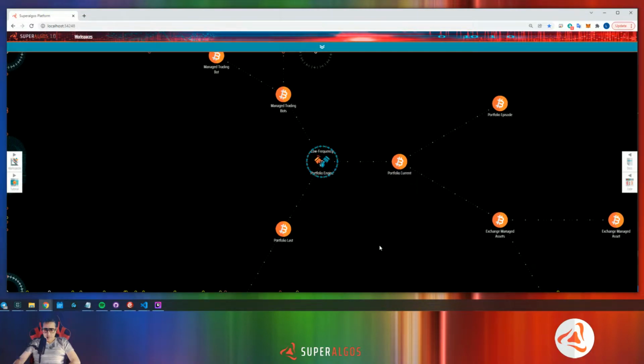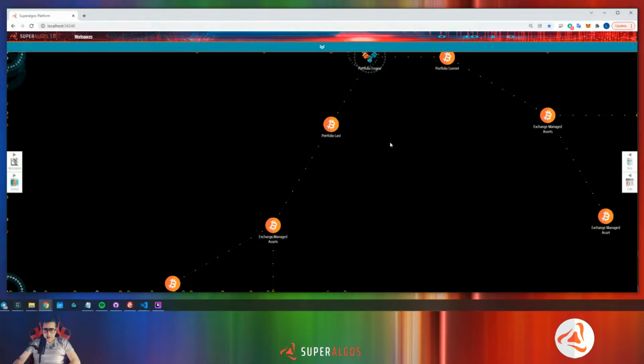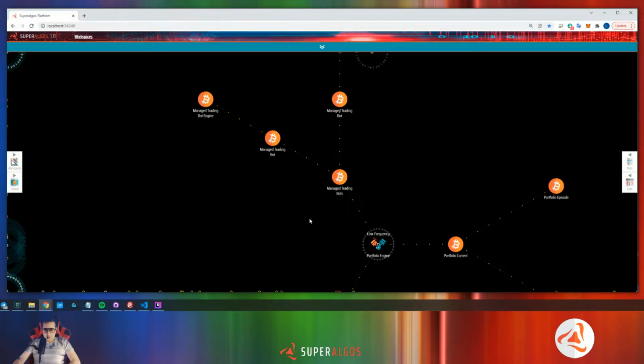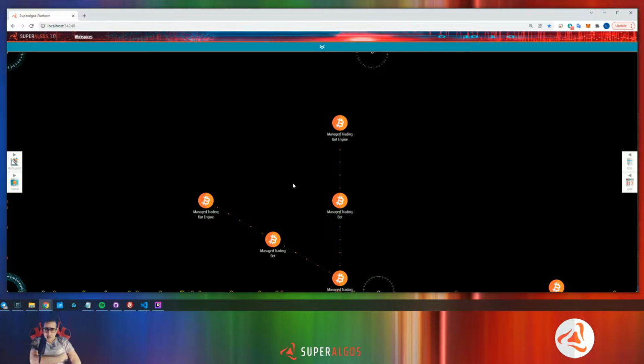Okay, so the portfolio engine has these managed trading bots. And for each managed trading bot, it has a managed trading bot engine.